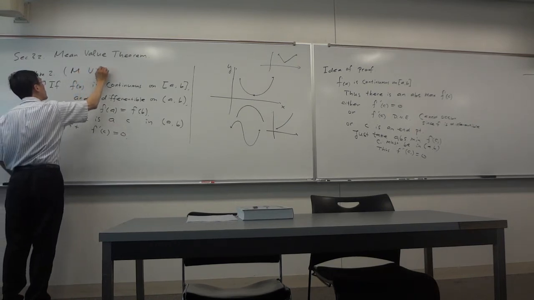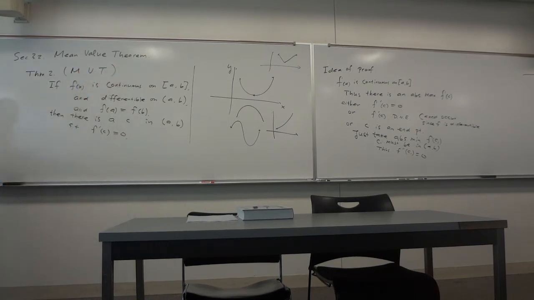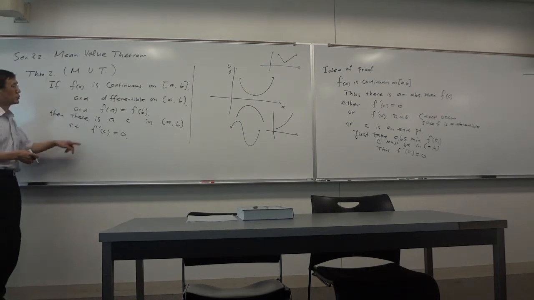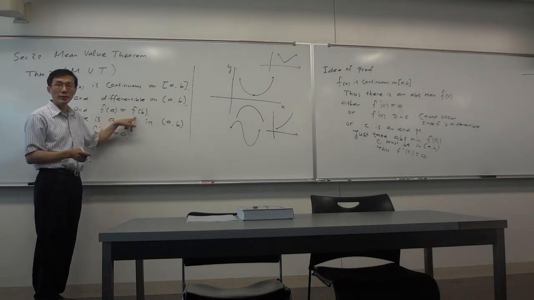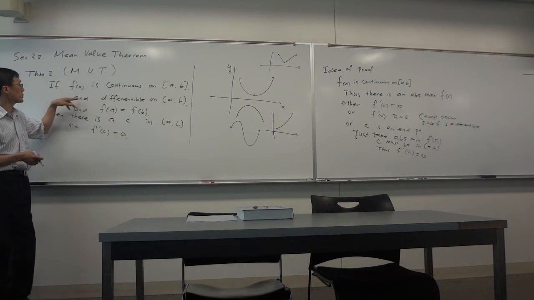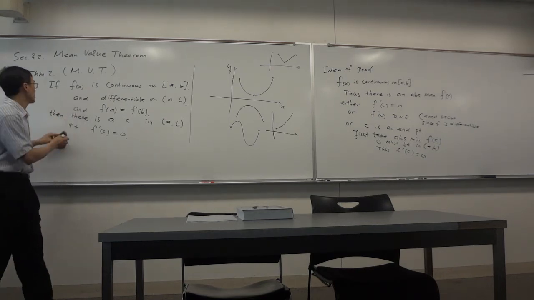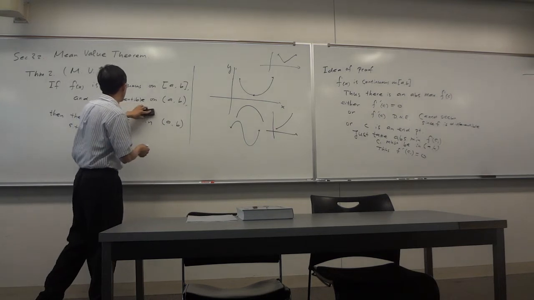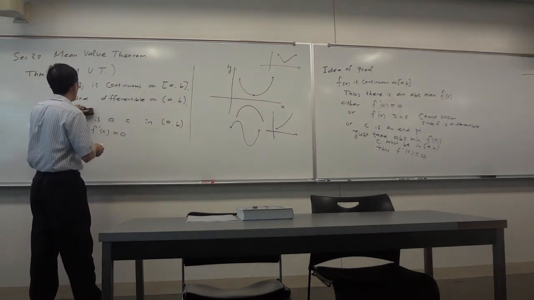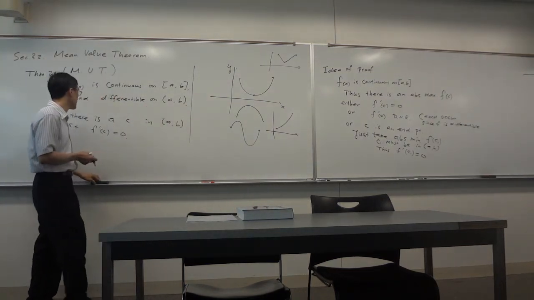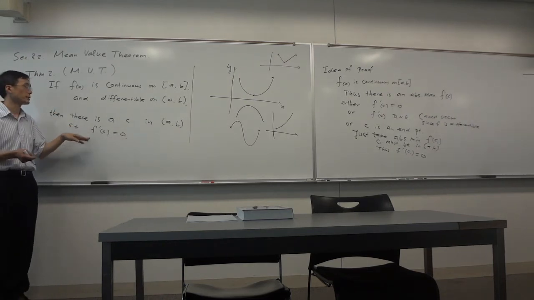For the general statement of the mean value theorem, you do not assume FA equals FB. Instead, you just erase it, and you have the same condition, which is F is continuous on the closed interval, differentiable on the open interval. Okay. So I'm going to erase this. Then you would like to say there is a C such that so and so is true.